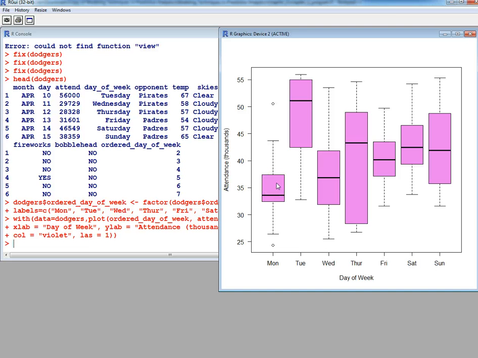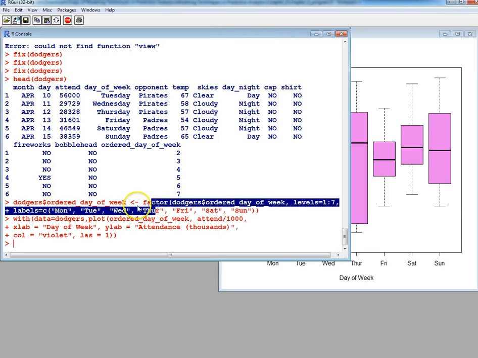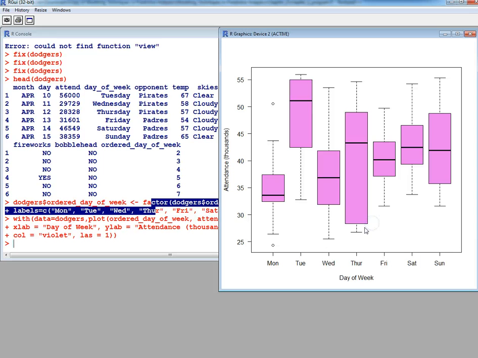This is what this is called. These are called box plots. And when you plot on a factor, it automatically prints a box plot. Okay? So now, how about the top?